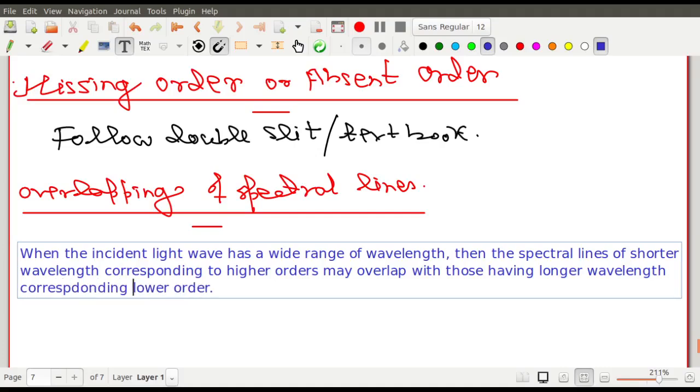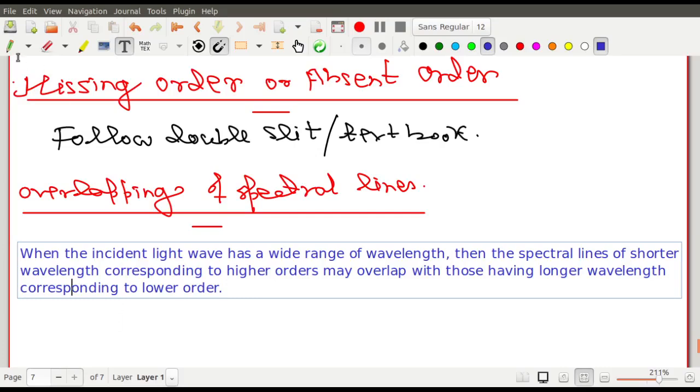So when the light incident has a wide range of wavelength, then the spectral lines of shorter wavelength corresponding to higher orders may overlap with those having longer wavelength corresponding to lower order.